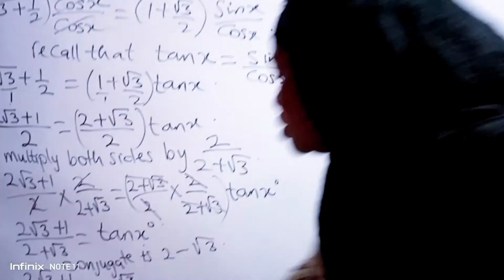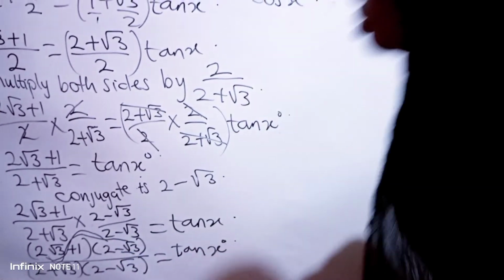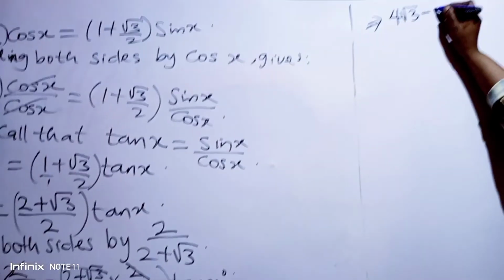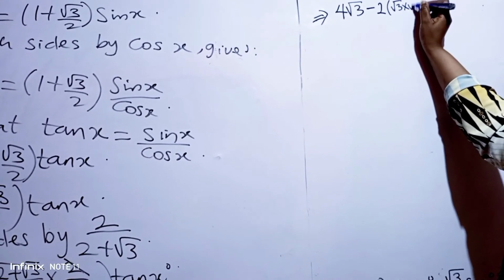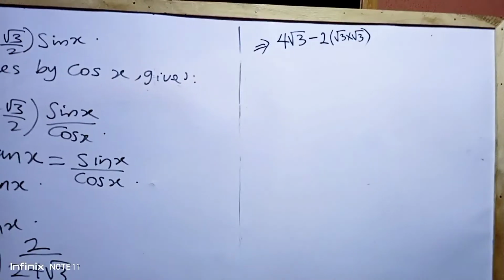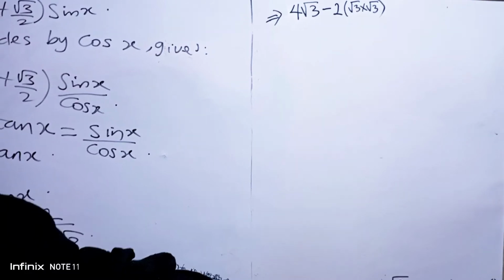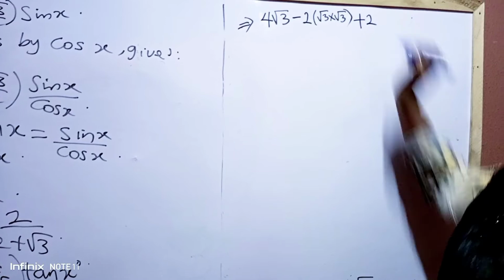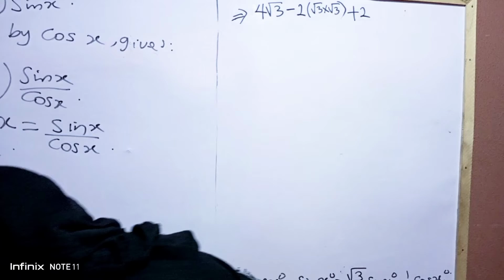Then come here again. This 2√3, use it to multiply minus √3. So I have minus 2, then √3 multiplied by √3, which will give me 3. So let's continue. So next, plus 1 multiplied by 2 will give me plus 2.